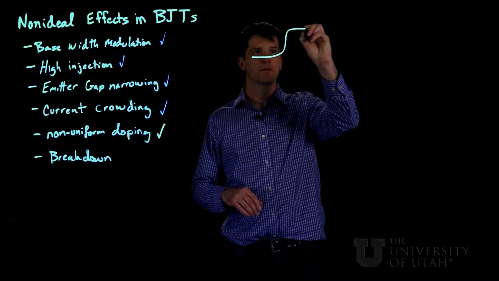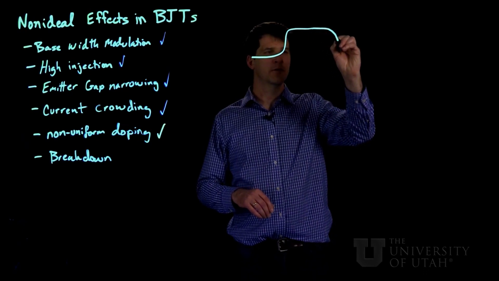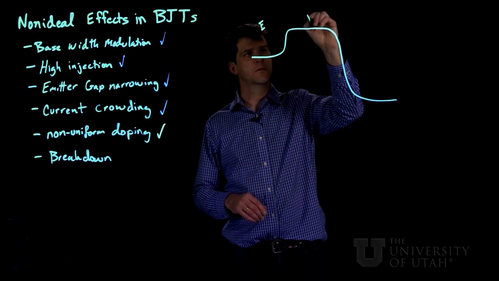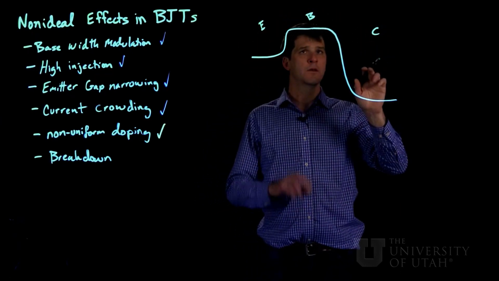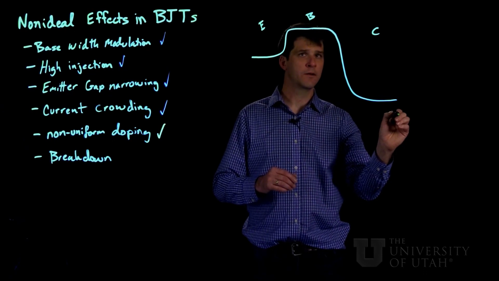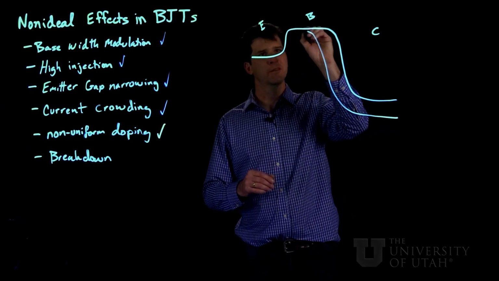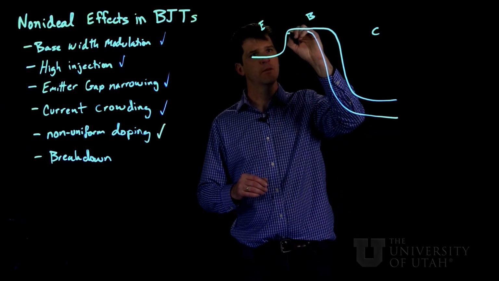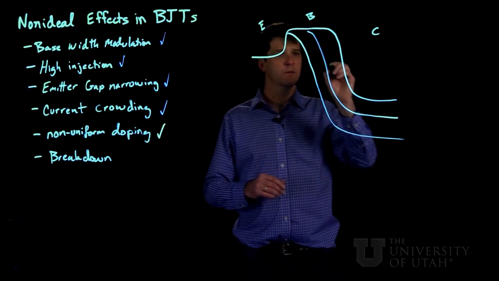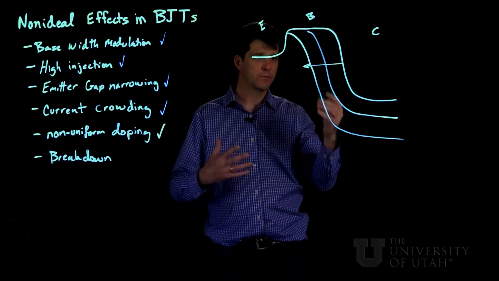And the idea is that if we increase the collector base reverse bias voltage far enough, eventually the barrier will disappear and the entire base region will disappear.